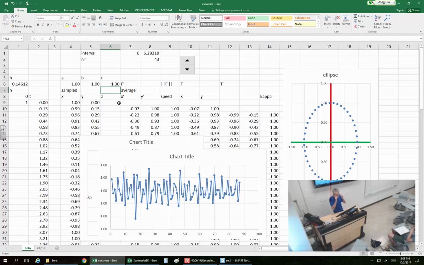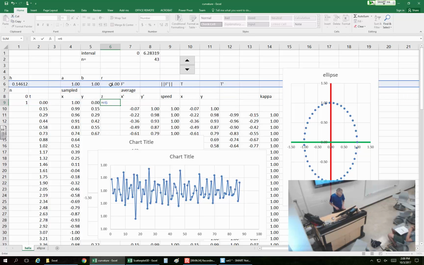So we are entering then, it is equal to my coefficient, which is R6, C6. That will be my parameter, and I multiply by time, which is this one.